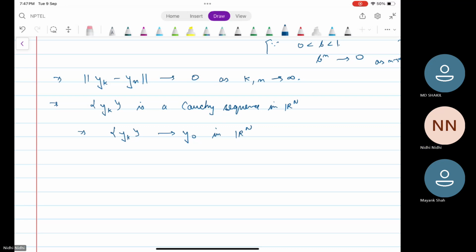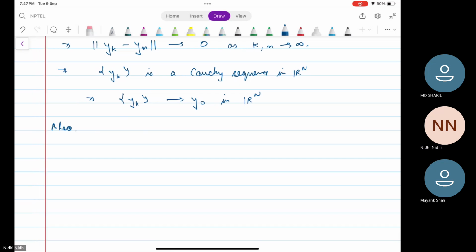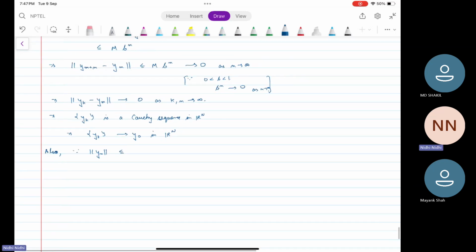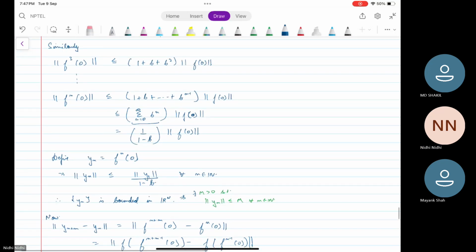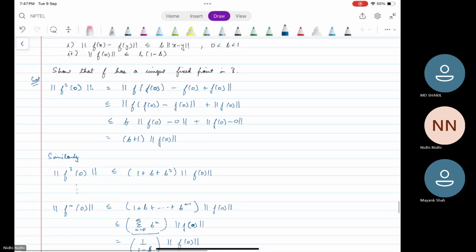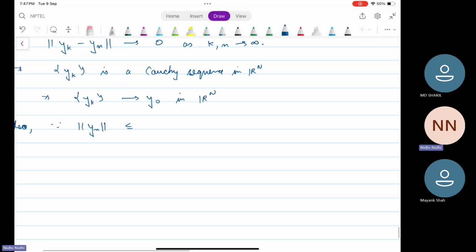For that, also, the norm of yn is less than or equal to the norm of y1 upon 1 minus b, which is the norm of f at 0 upon 1 minus b.